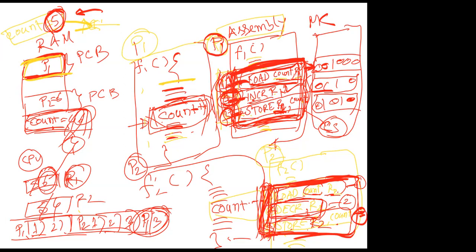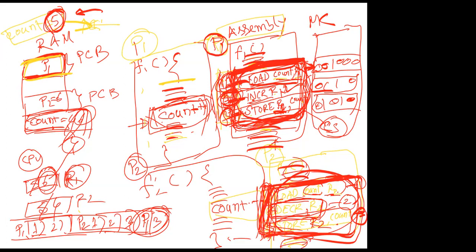Here this is the critical section. In this section of code, your process needs to access the shared memory. Other code that doesn't require access to the shared memory is the non-critical section.